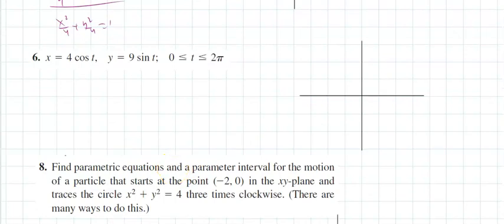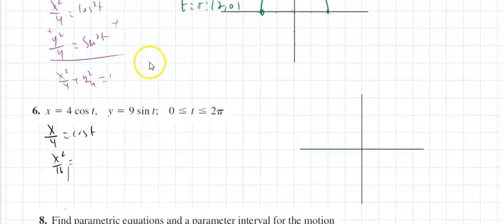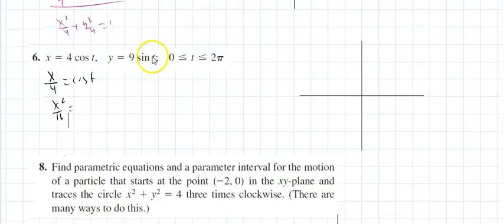Here, I know this is an ellipse. We've already done that. And to really convert, we're going to have to isolate the trig function by itself again. And if we square both sides, wait, was that a 4 or a 16? No, that was a 2. Okay, good.